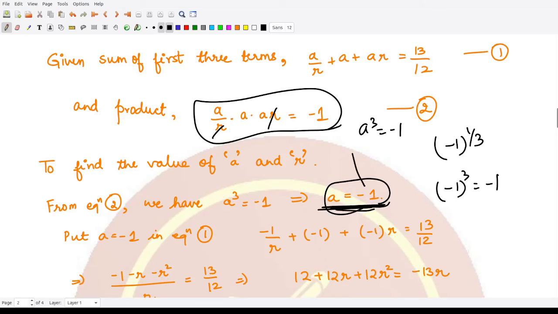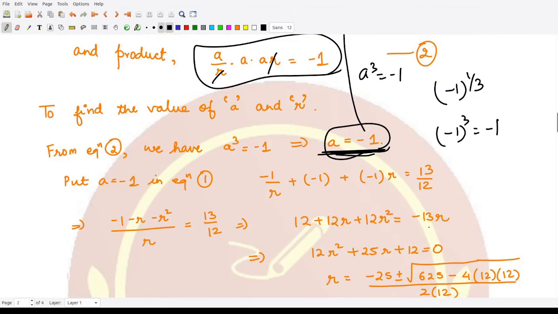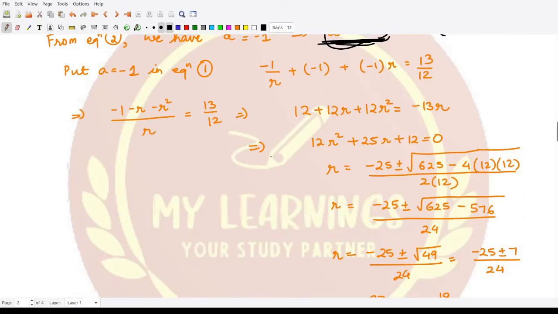We can substitute it in our equation number 1 so that we are able to calculate the value of r as well. So substituting it here, we would have -1 upon r, -1, -1 into r, that is given to be 13 upon 12. So we can solve for this equation. Right, it would be a quadratic equation in r, so you can simplify the terms. So this would be your equation.